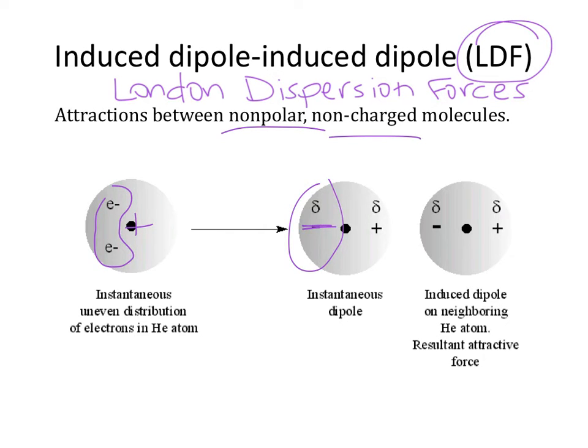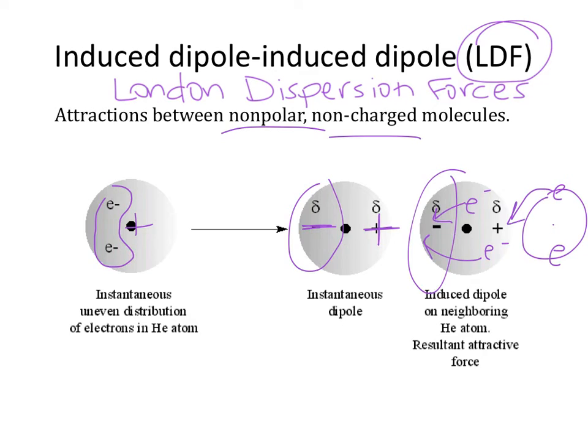And if the left-hand side is temporarily negative, the right-hand side is temporarily positive, which will cause the floating electrons in the next molecule over to be attracted to that positive side, which makes the left-hand side negative in the next one, which will cause the next molecule over to have the electrons there attracted to the positive side. And by the time this happens to maybe 2 or 3 molecules, the original molecule is back to being totally normal and not having any dipole at all. So it's a very temporary, very fleeting type of force.